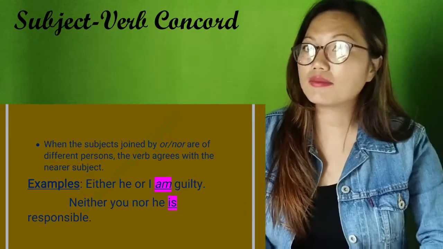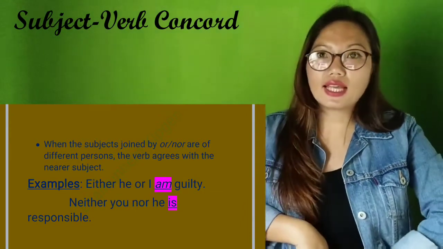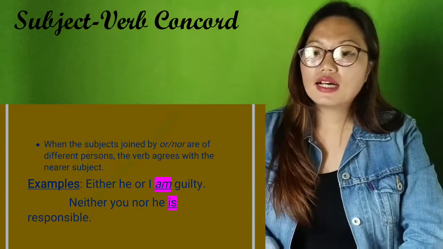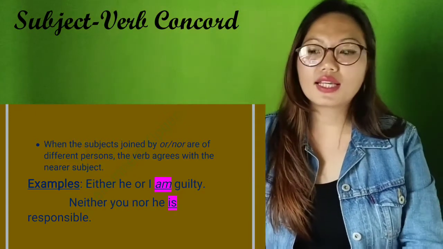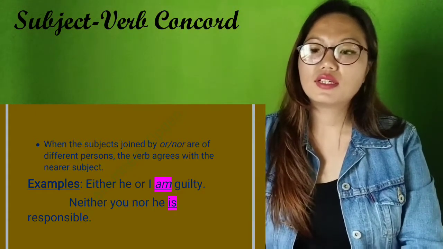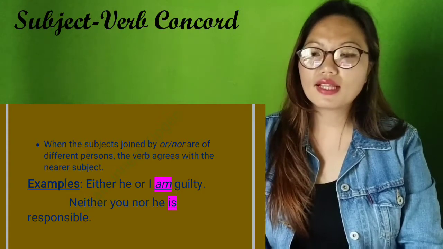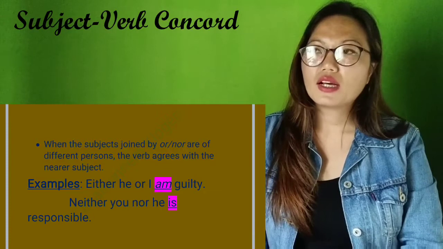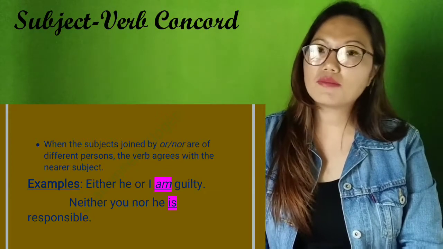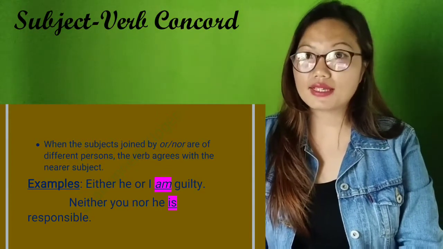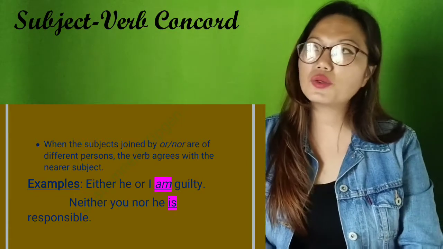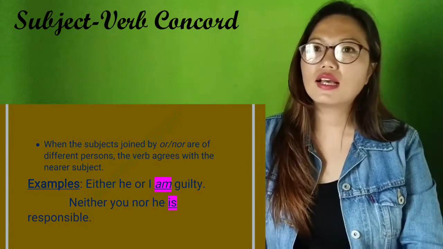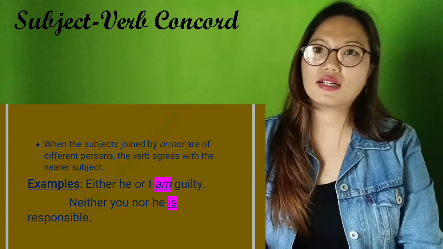And a second example I can give you is: neither you nor he is responsible. You is second person and he is third person. In the case of second person, you, we cannot use is. If you are using you as the subject in this sentence, the verb must be are.